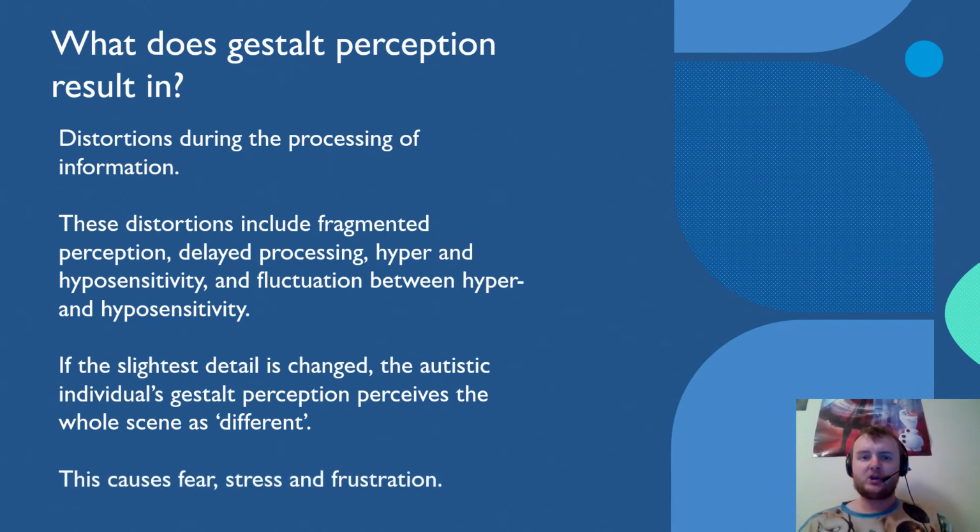Only then will we know what to do with those things. This is the same for routines. If something changes even slightly, then the gestalt of the situation has changed, because we don't know what to do with this new information. The result? Fear, stress, and frustration.